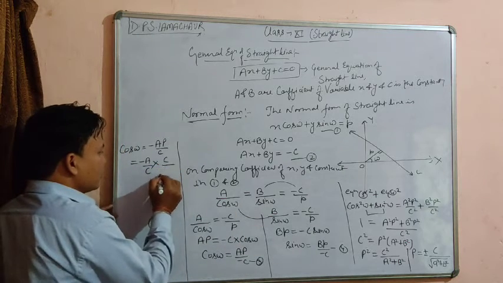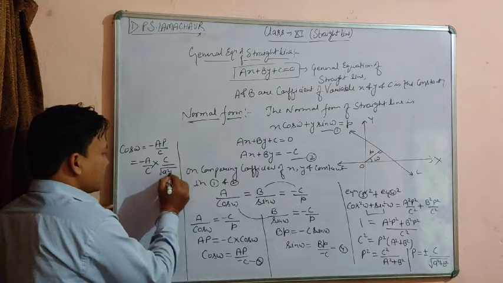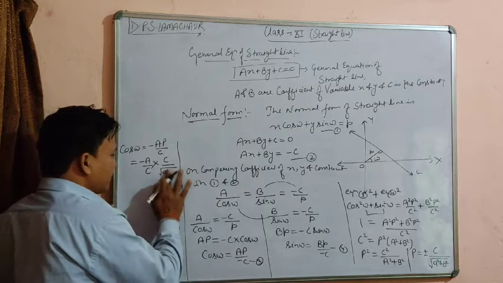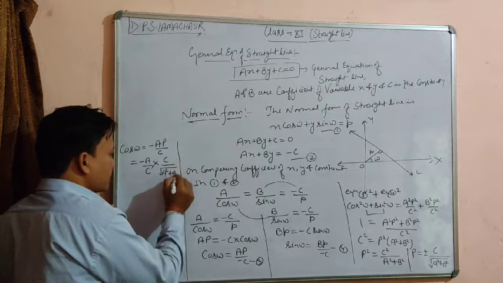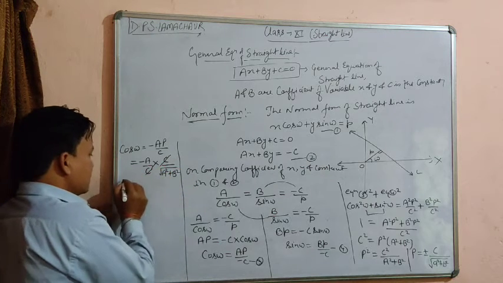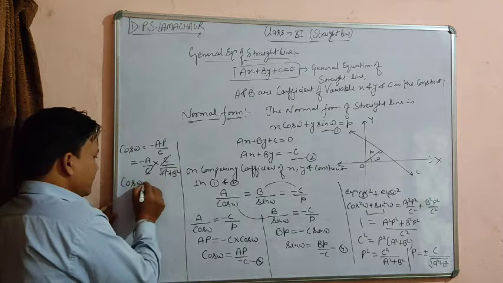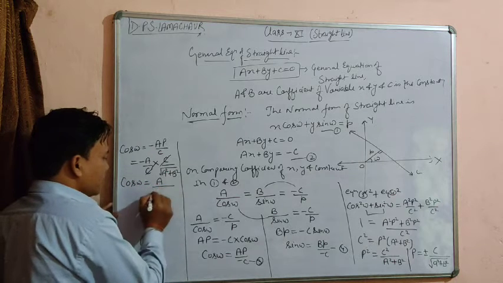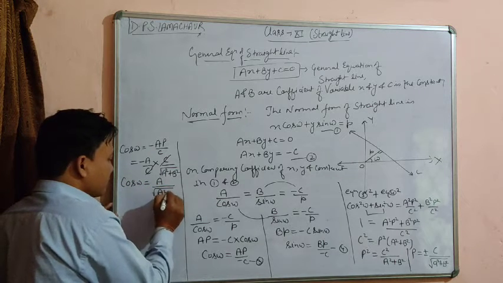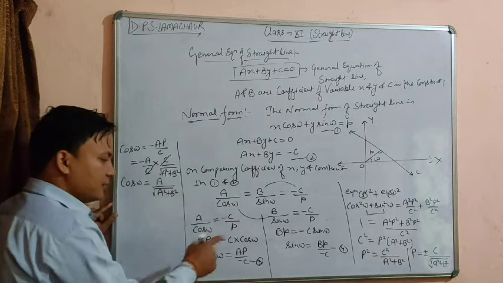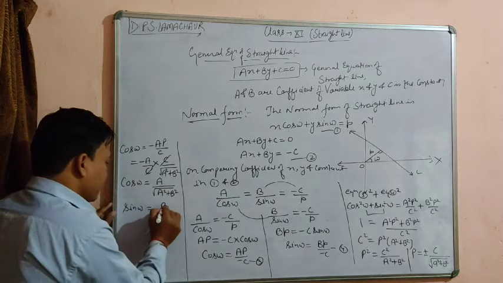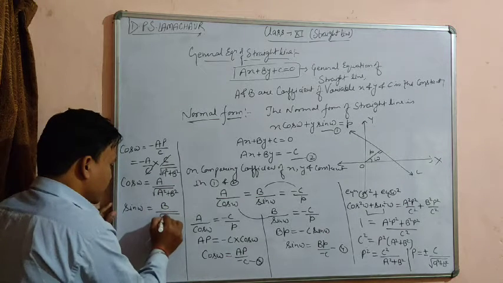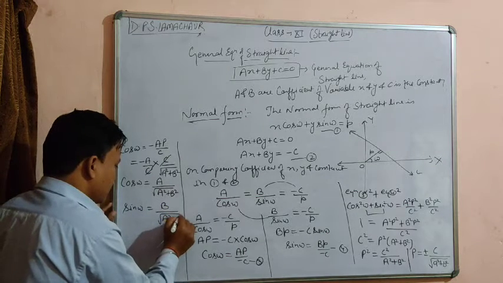So c and c cancel out. So cos omega will be a upon root a square plus b square, and similarly the value of sin omega will be b upon root a square plus b square.